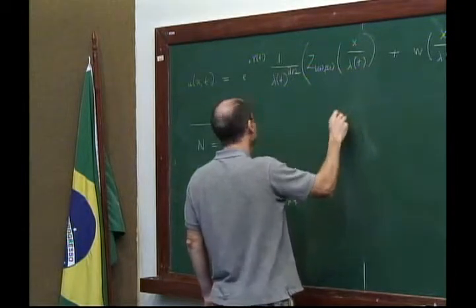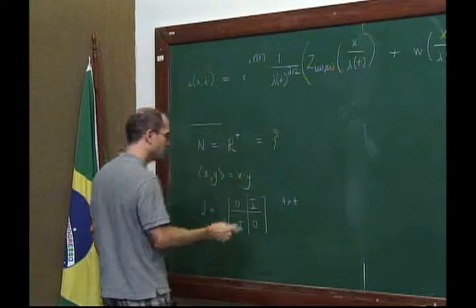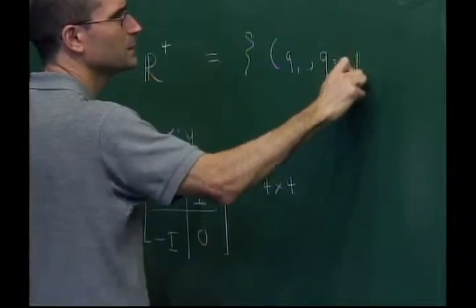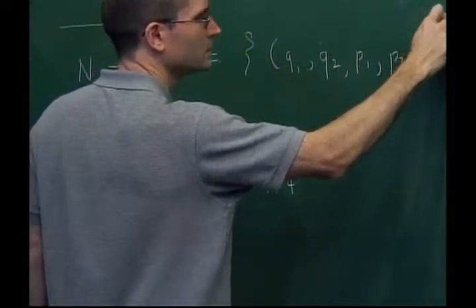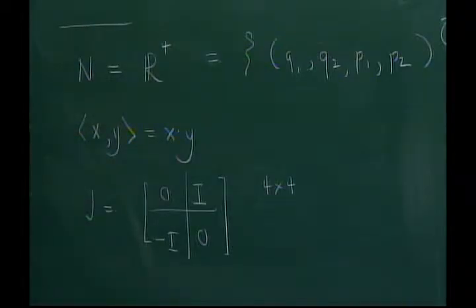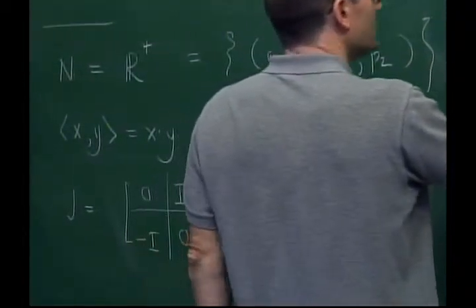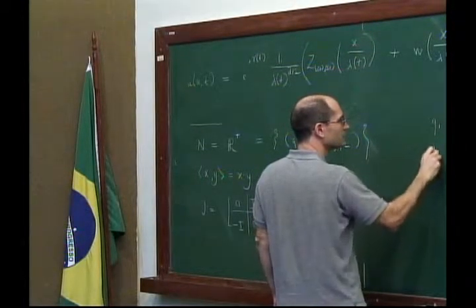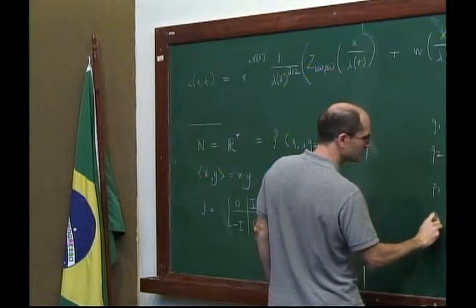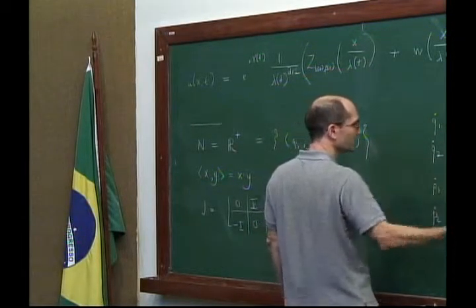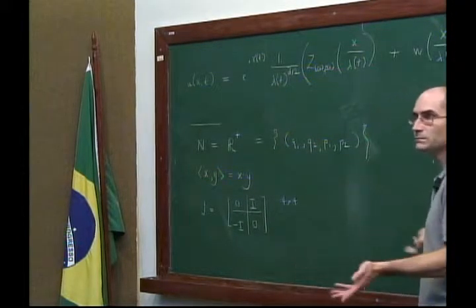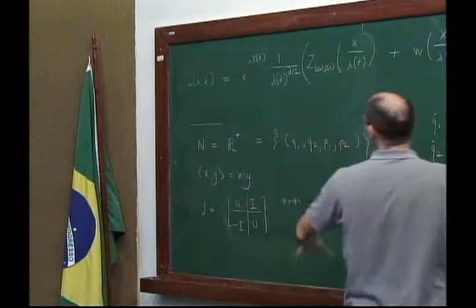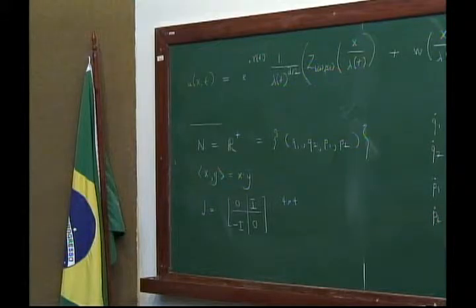So you consider the point in R4, x and y, we should use Q1, Q2, P1, P2. And then Hamilton's equations, the time derivatives of Q1, Q2, P1, P2, equal J times the gradient of a Hamiltonian. So that's this matrix times just the vector of derivatives.